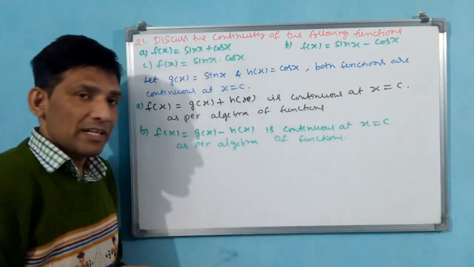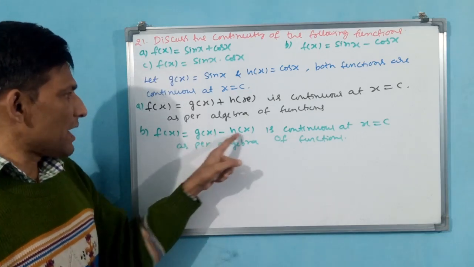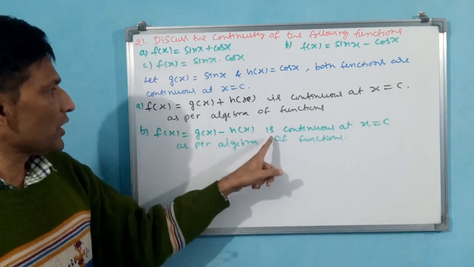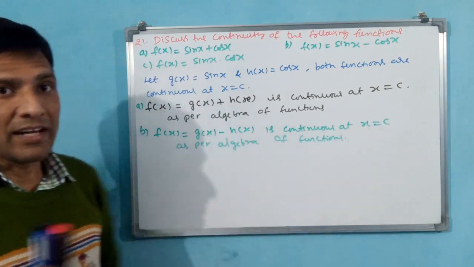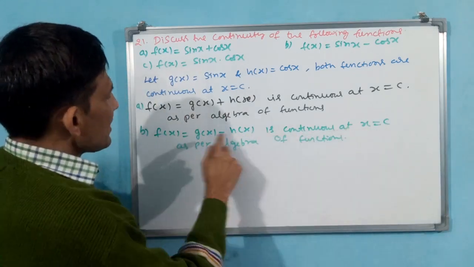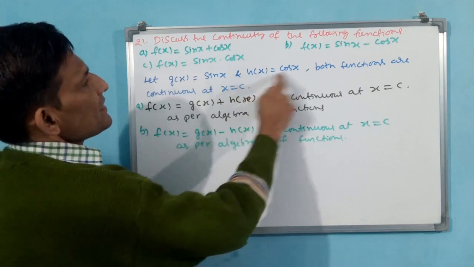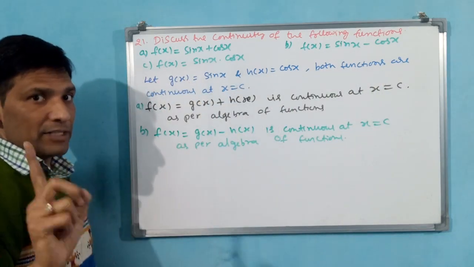Is it okay? Definitely okay. Why? Because as per algebra of functions, for two functions with a minus, f(x) is also continuous at x is equal to c. This entire function is continuous at x is equal to c. Why? Because g(x) and h(x) are also continuous at c, like we have already written. If you write this, then this is valid. Keep that in mind.